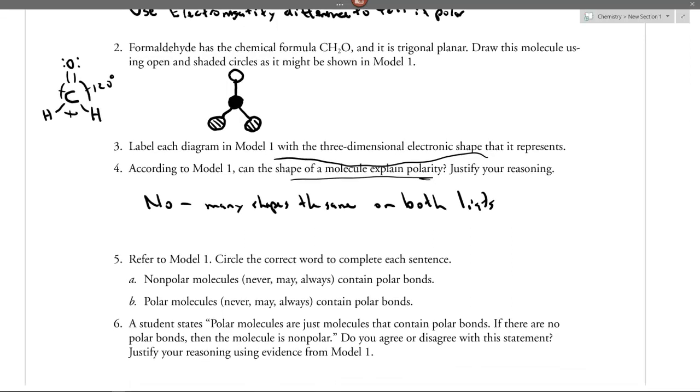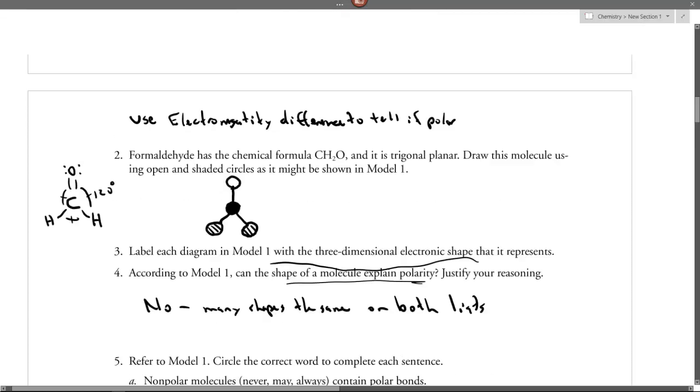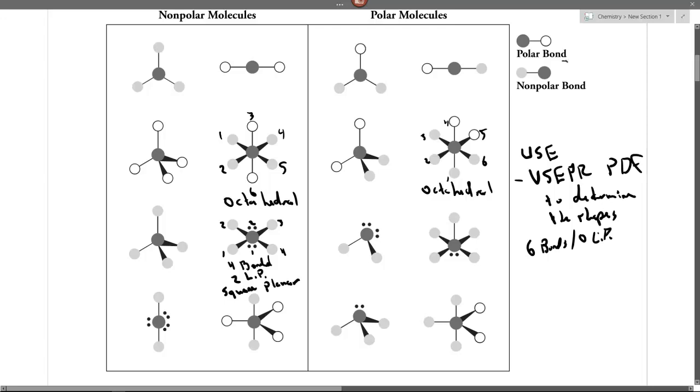All right, so now in this one, we're going to take a look at, do polar molecules or non-polar molecules contain polar bonds? So go back up here. We are looking for these polar bonds. Do they exist? Well, here's a polar bond. Here's a polar bond. Here are 2 polar bonds on here.